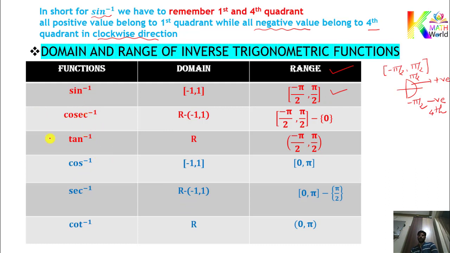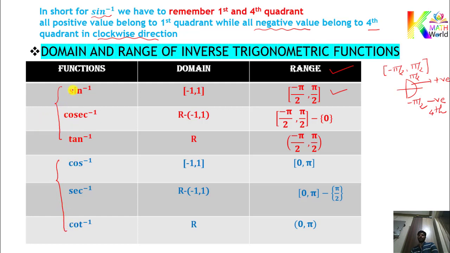You can see I have highlighted the inverse trigonometric functions with two different colors. There is a reason behind that. You got two groups like this. This is our first group and this is our second group.